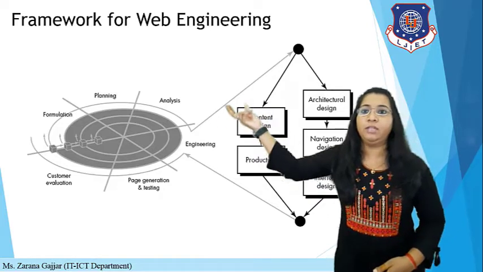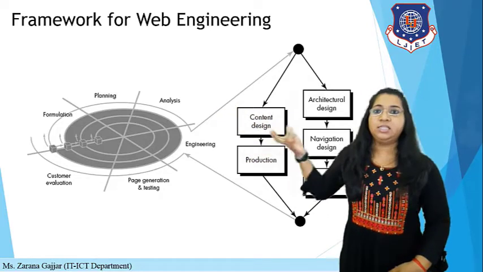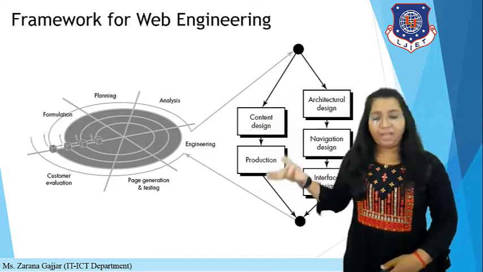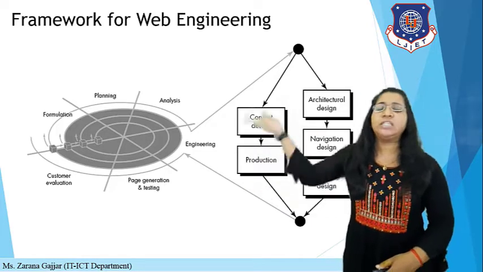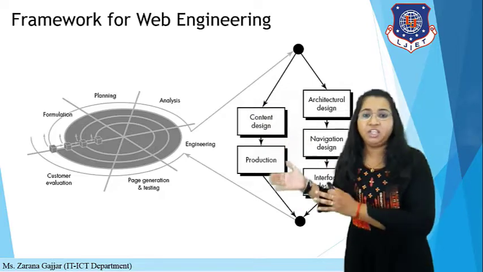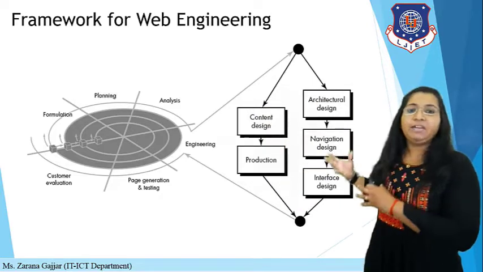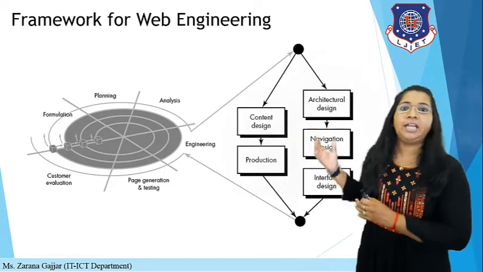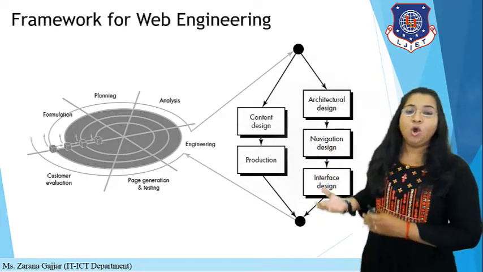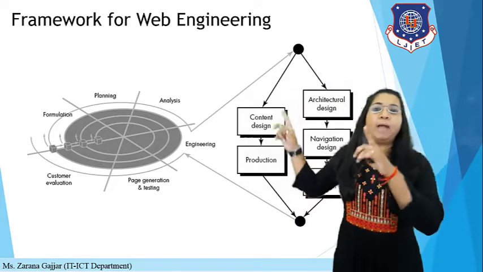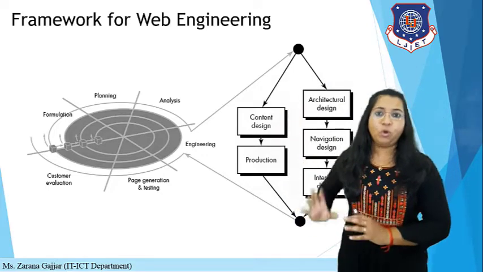You have to start with planning, analysis, then engineering, then page generation and testing, customer evaluation and foundation. This is the actual process. In engineering there are multiple activities performed, like content design, production, architecture design, navigation design and interface design. You can see that two parallel activities are performed.